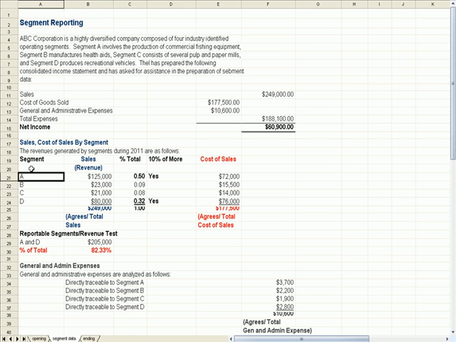So for example, for A, 125 is 50% of the roughly 250,000 sales, that formula. 23,000 is about 9% of sales. And I see that the sales total agrees to the sales total in the income statement. So 2 of the segments, A and D, have 10% or more of the total revenue or sales for the company.